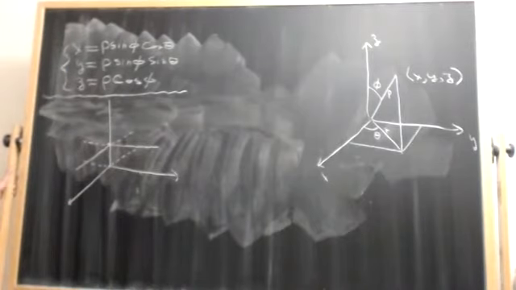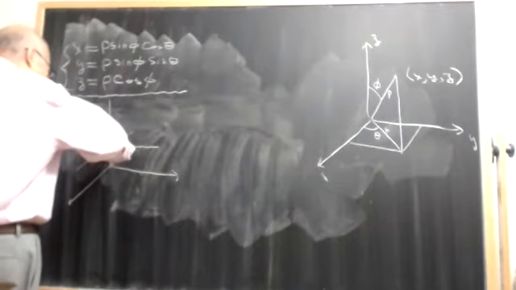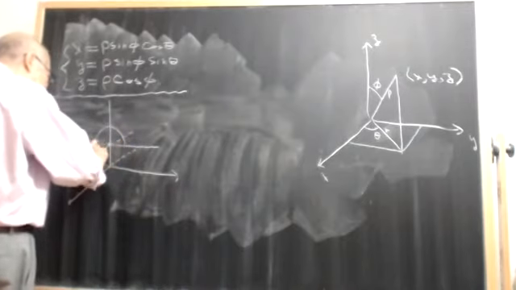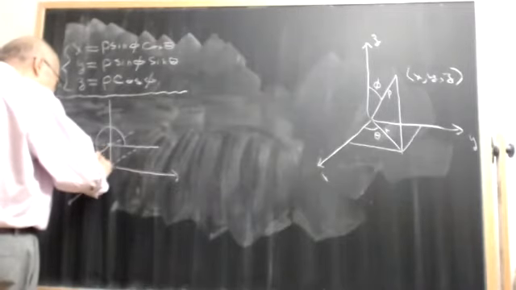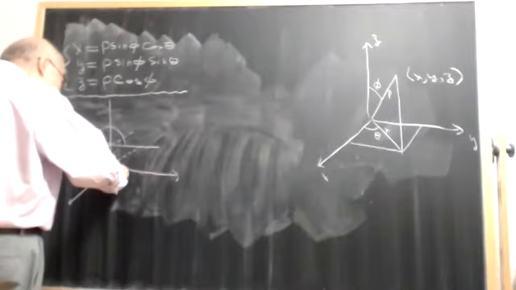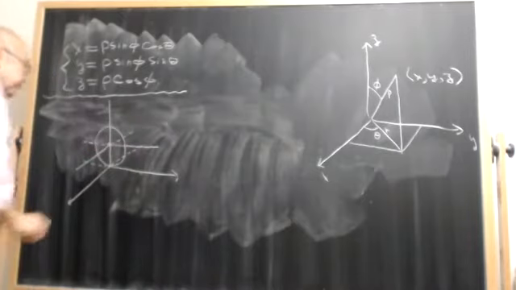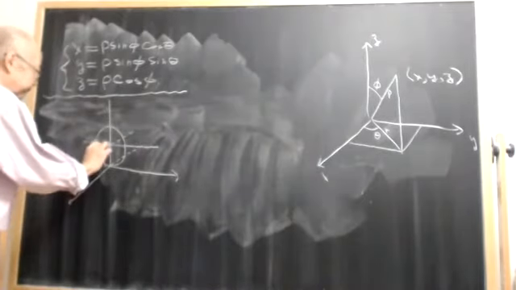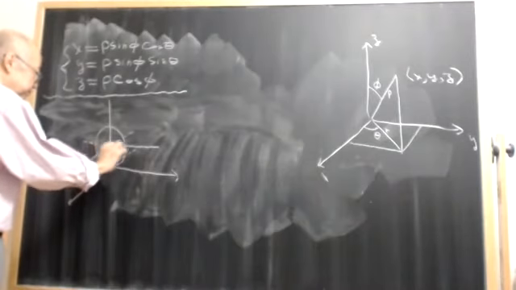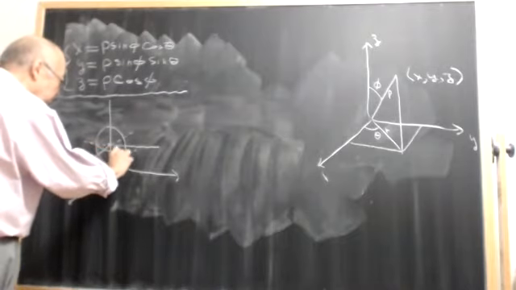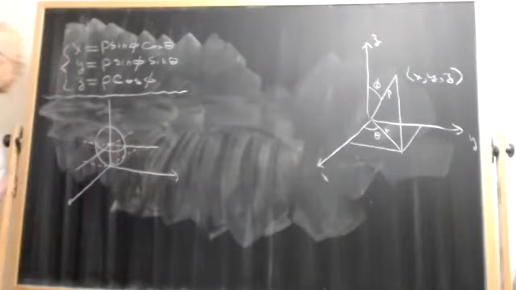So I have a sphere centered at this point 1/2, and the radius is 1/2. That's part one.